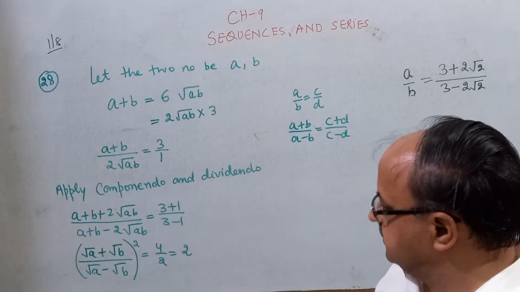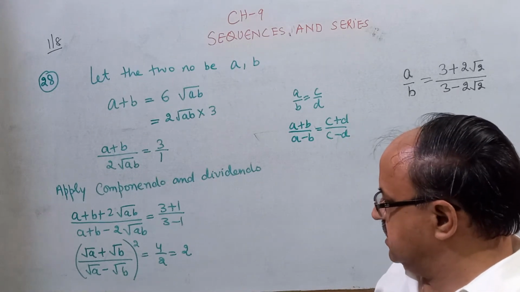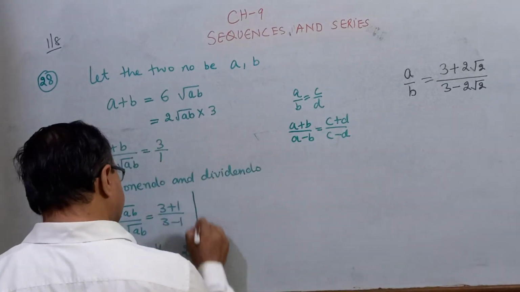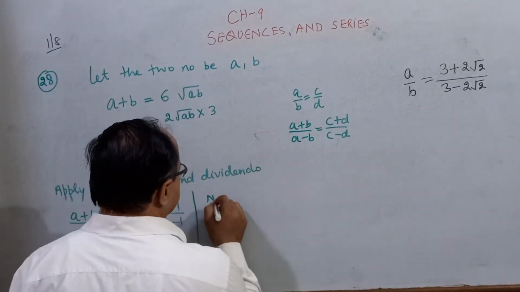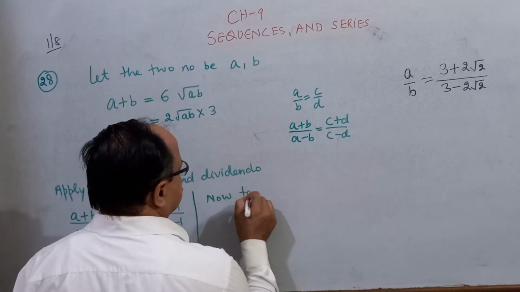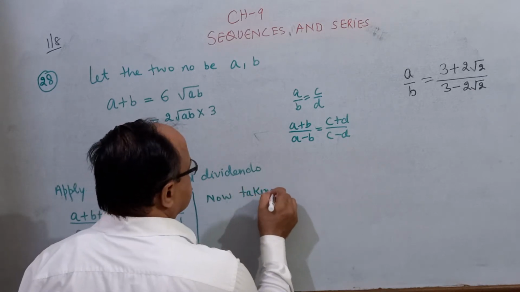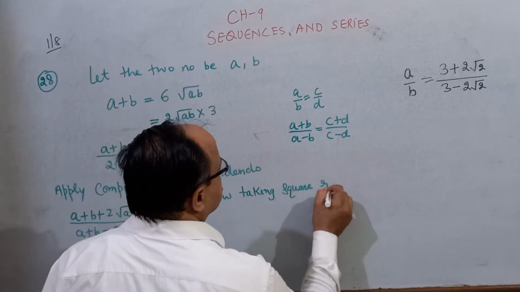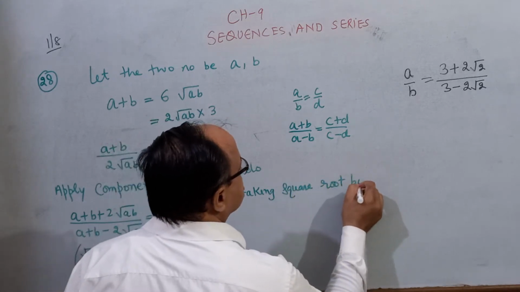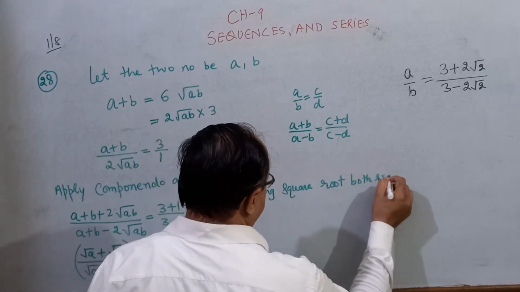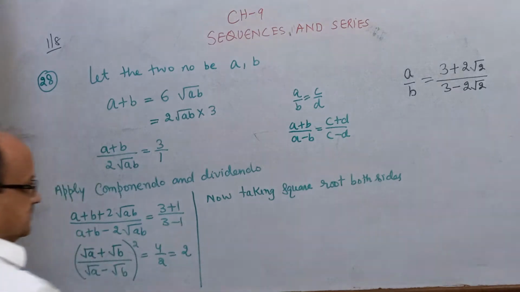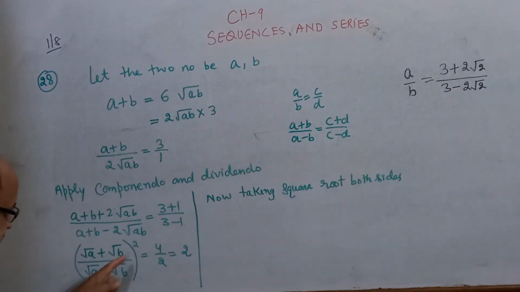Therefore, further, now taking square root both sides. When you take the square root of both sides, this term will cancel.